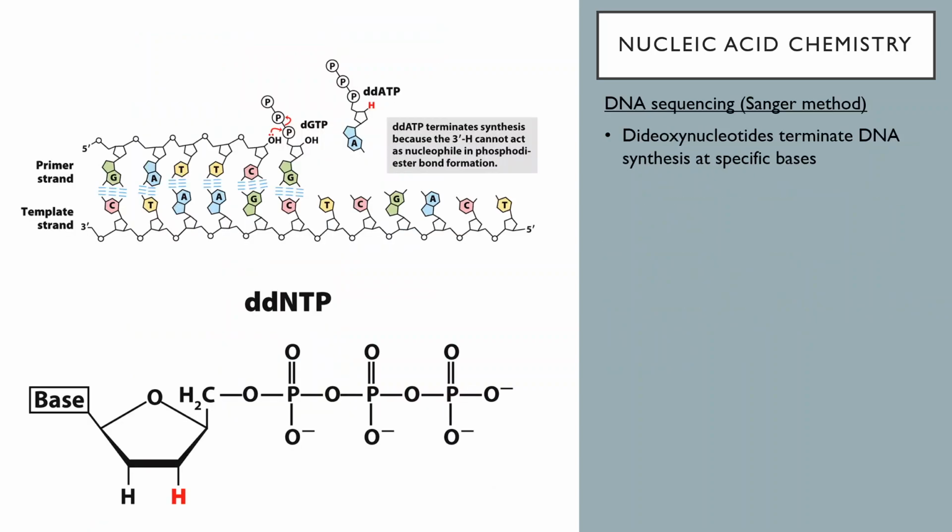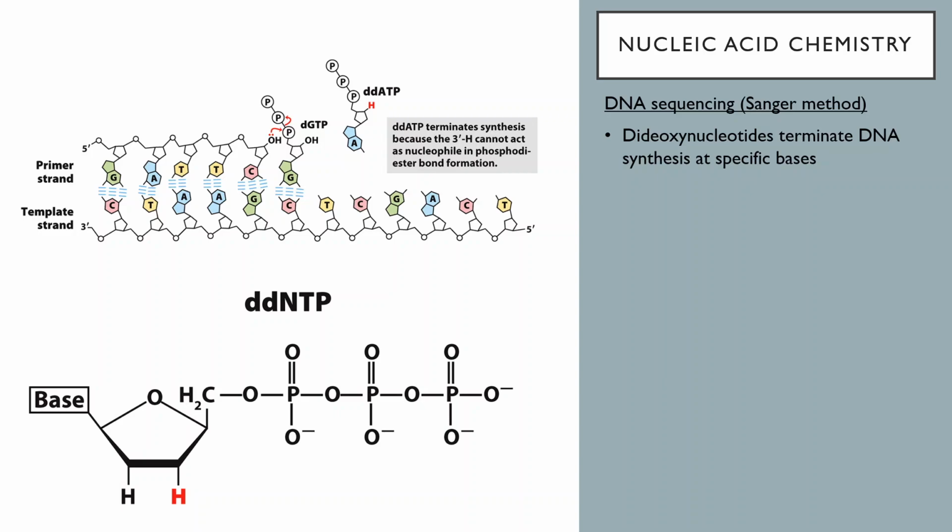Now, one of the things you might want to do with a DNA sample that you had purified by PCR is to sequence it, to find out what the sequence of bases is of the DNA sample that you have. Because of course, if you know the sequence of the DNA, then you can learn perhaps what gene that DNA encodes for, or maybe you can look for the presence of a mutation or whatever you need to do.